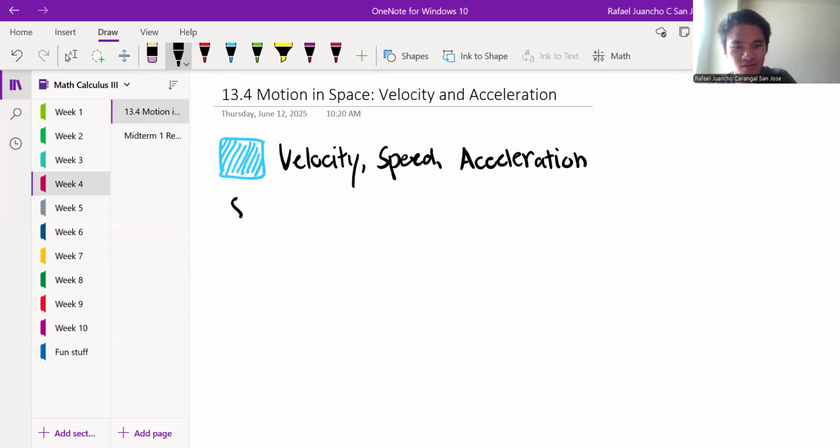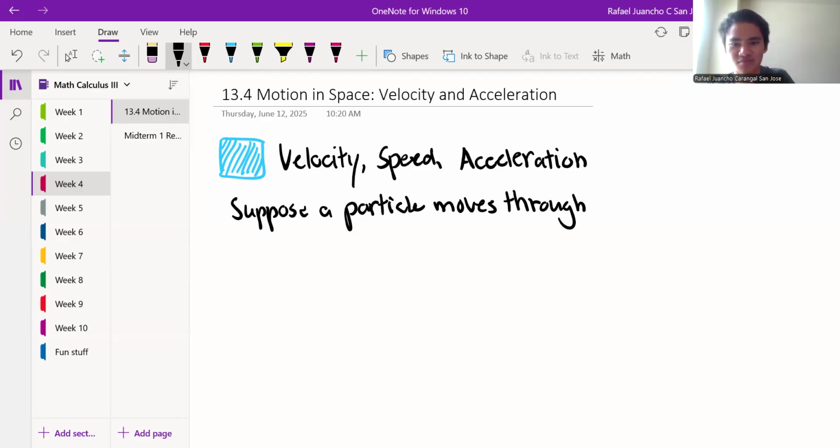So of course, it's going to start with a particle. Obviously. And this particle is moving through a 3D space. So we have a position vector.